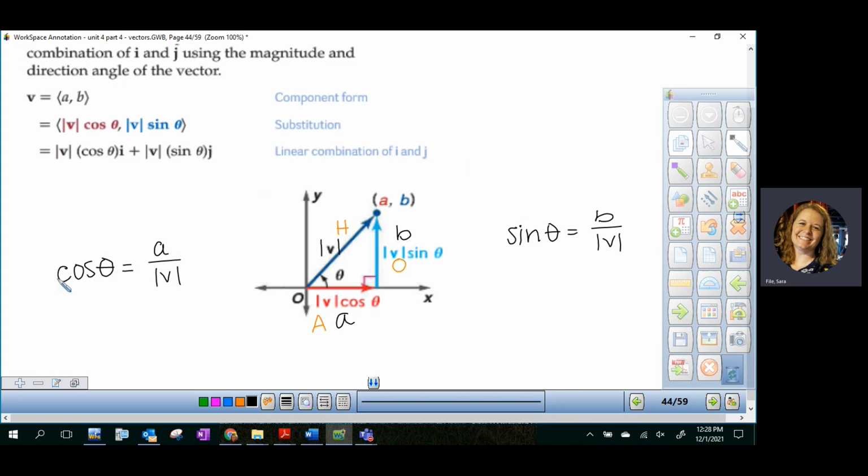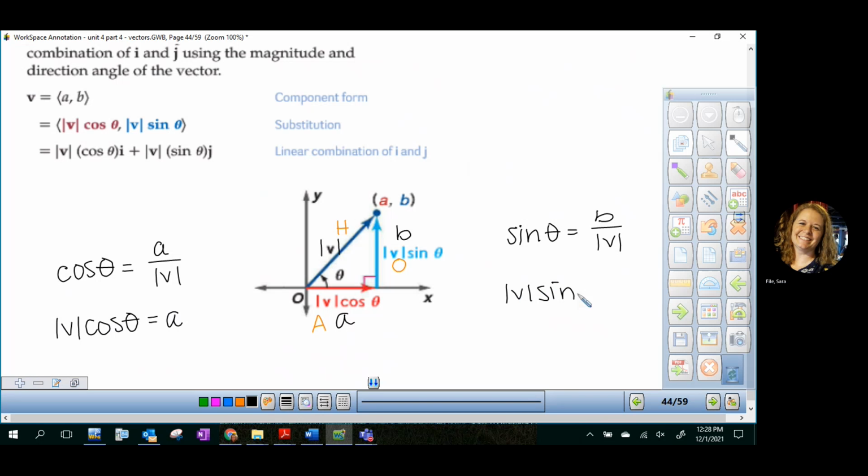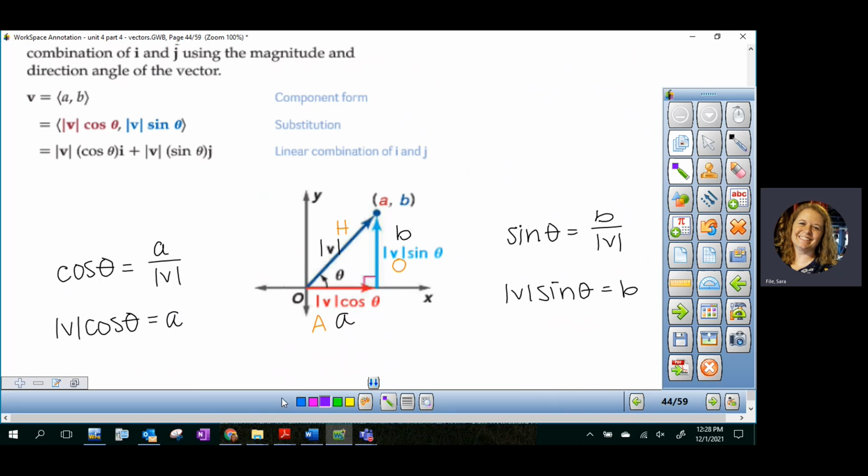Move the denominator to the other side by multiplying. Do y'all agree with that?